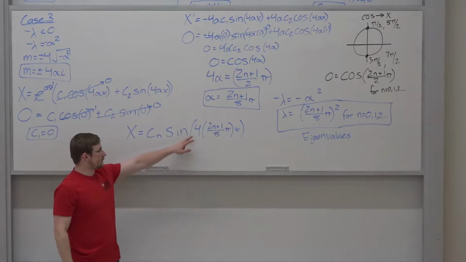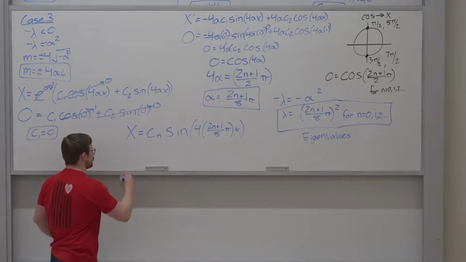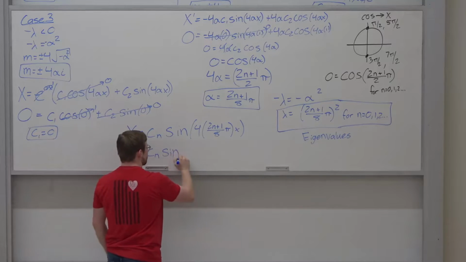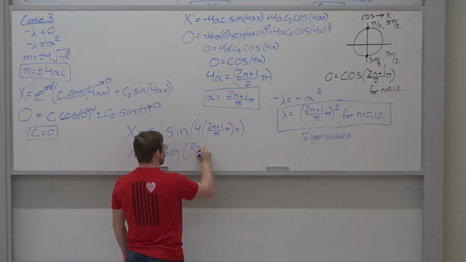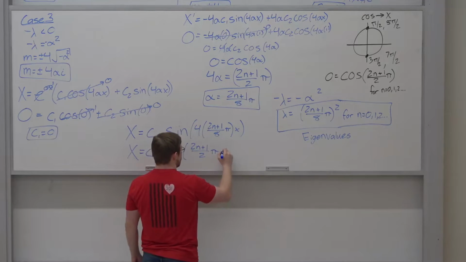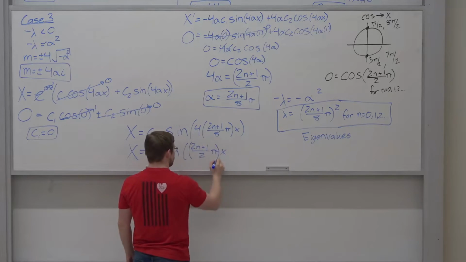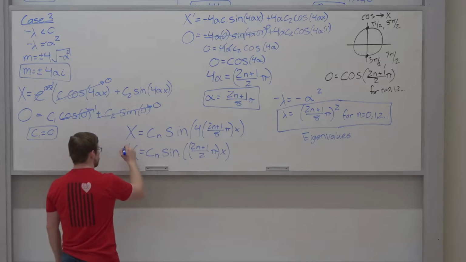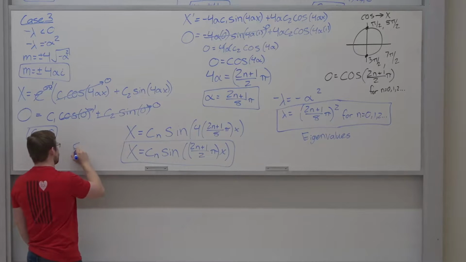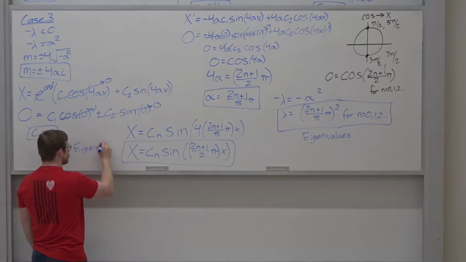And you can simplify this a little bit with your 4 and your 8, so let me do that. So we have x is equal to c sub n sine 2n plus 1 over 2 pi times x. And these are your eigenfunctions.